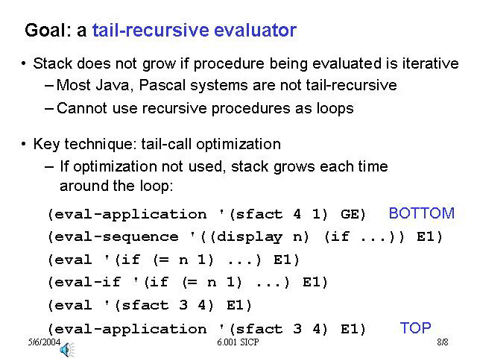We put on this sequence, in this case of 5 different pieces, onto the stack for each recursive call to sfact, which is going to cause the stack potentially to explode. If we can use that tail call optimization, we can have processes that are inherently iterative behave that way, not using up any of the stack, having no growth in the stack as a function of the argument call. So that's our goal, to build an evaluator out of a register machine that has exactly this property.